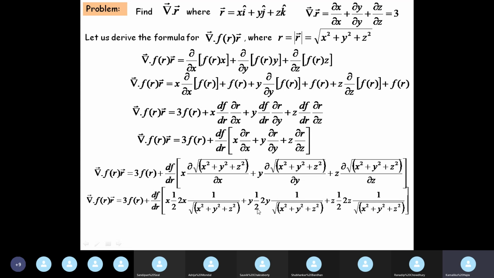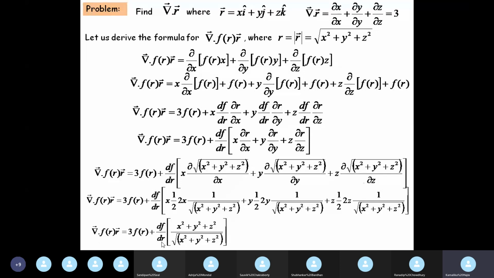So now from here 2 and 2 goes, we have x square by root over x square plus y square plus z square, plus y square by root over x square plus y square plus z square, plus z square by root over x square plus y square plus z square. In the numerator we have x square plus y square plus z square, which is basically r square, and in the denominator we have r.